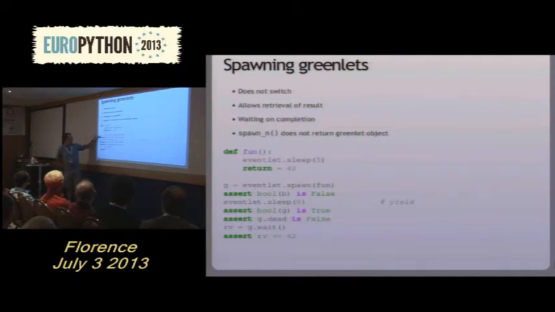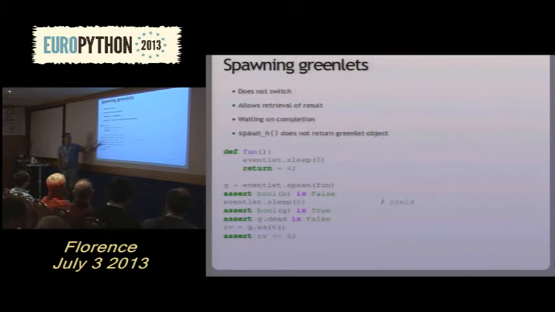So I'll return 42. Oh yeah, that shouldn't be equals. Yes, you're right. All right, so the return value should be return value. So you can wait until a certain greenlet is finished as well.